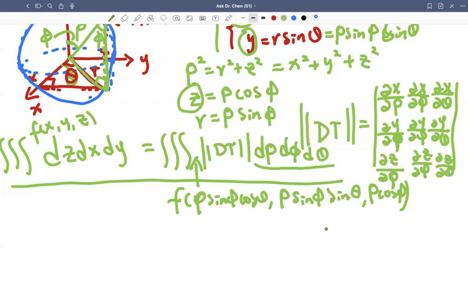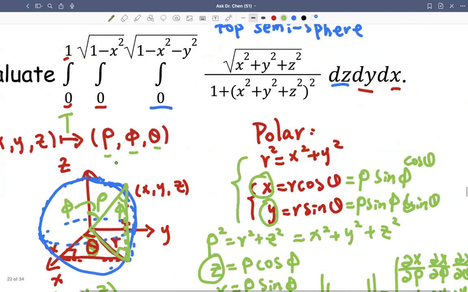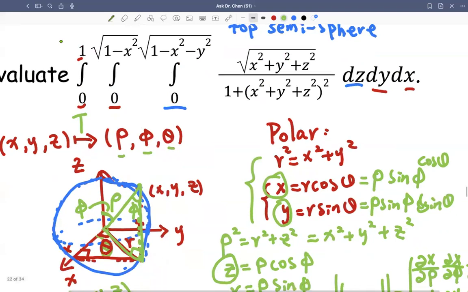Then you go through the process. I'm going to skip it, and in the end we'll get rho squared sine phi. So the Jacobian between the x, y, z coordinates and the rho phi theta coordinates is rho squared sine phi. We're going to use these relations in this triple integration.